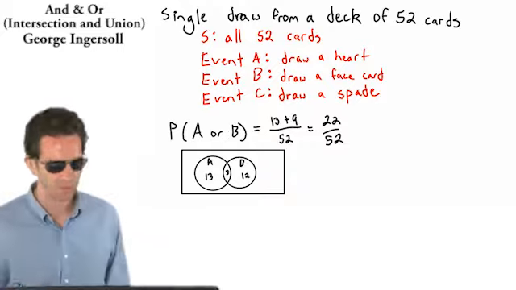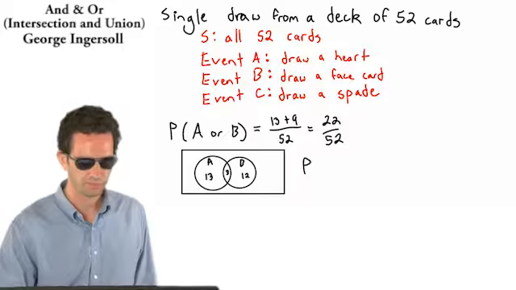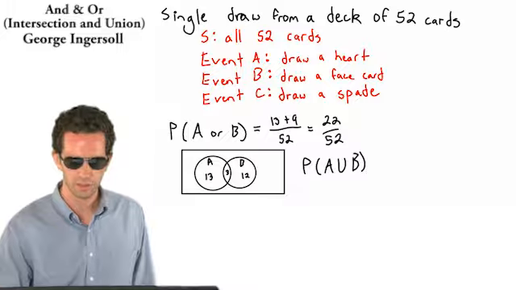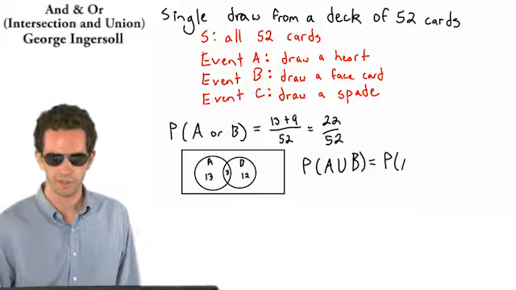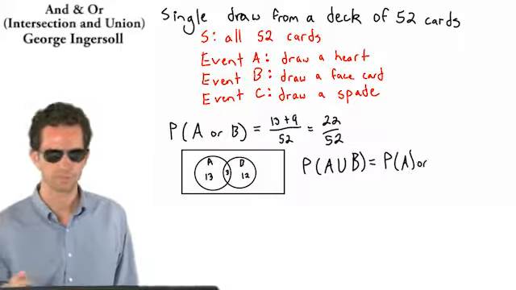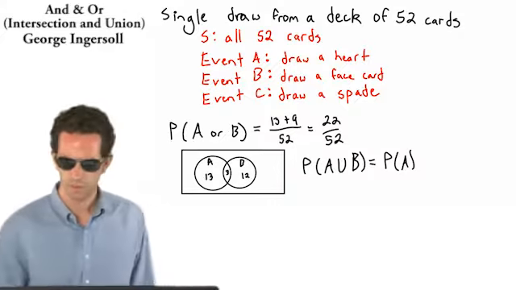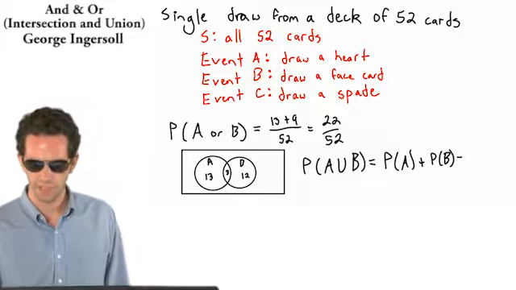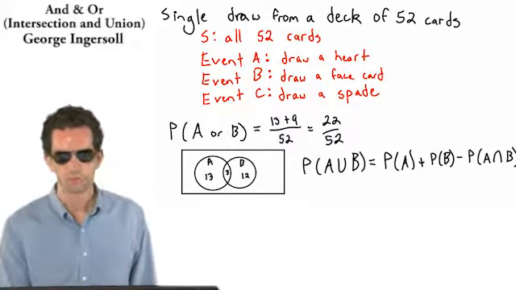And so we can get to the probability here by doing this equation. We say probability of A union B is equal to, and this is an important equation that you're going to want to write down, probability of A plus probability of B minus the probability of A intersection B. Because we don't want to double count it.